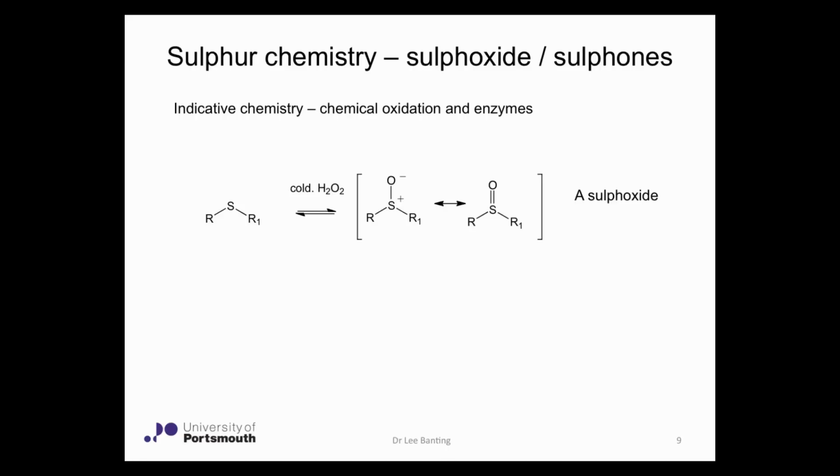This is known as a sulfoxide. Now, sulfoxides can be drawn with a resonance structure. If you notice the chemistry of the sulfoxide here, because we've added a covalent bond to a normally divalent sulfur, the consequence is that that sulfur has a positive charge.